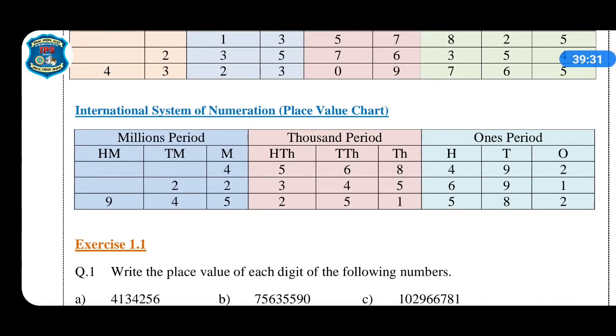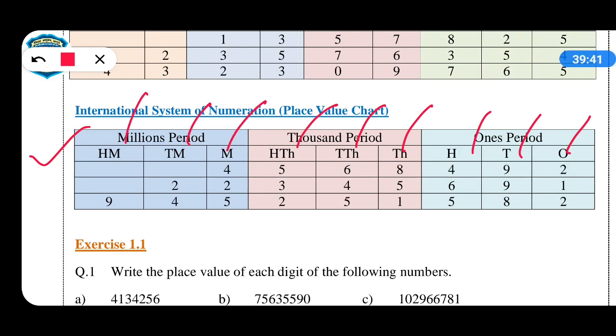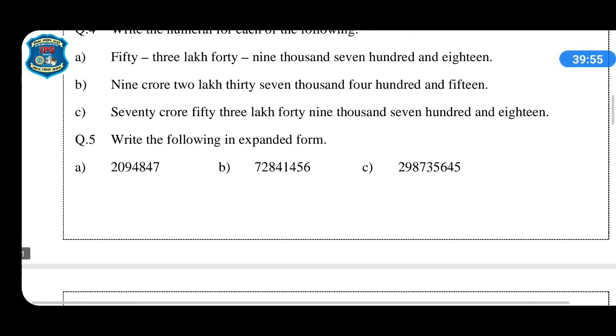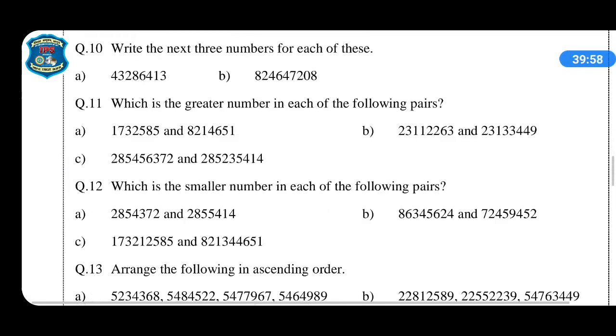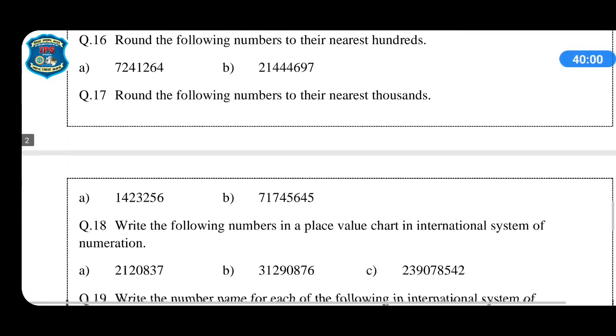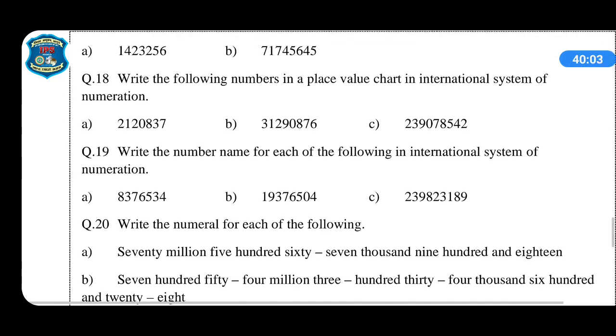So first of all you have to draw this table: ones, tens, 100, then 1000, 10,000, 100,000, million, 10 million and 100 million. And whatever the number is given, you have to put the values in this place value chart according to International System of Numeration. So this is the question.